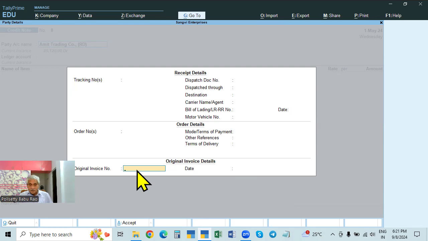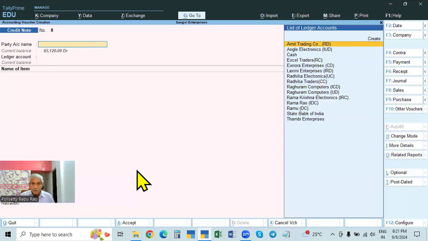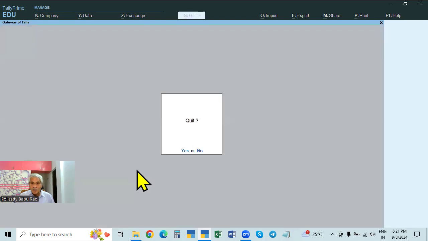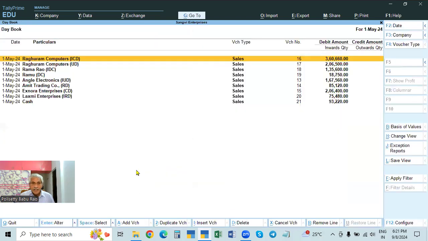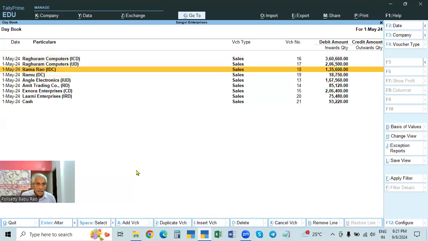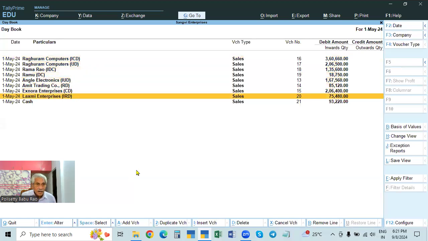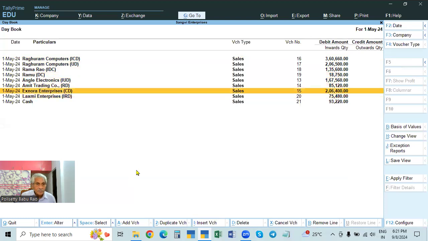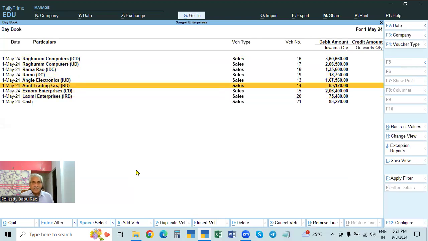Instead of going back and forth, see, for example, who is the party? It may be Amit Trading Company.